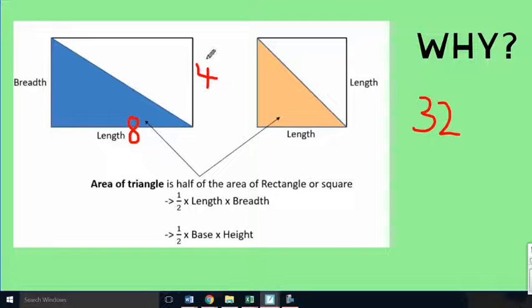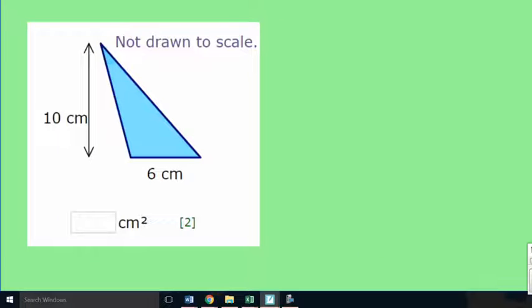So for the triangle you would do 8 times 4, which is 32, and then you half your answer, which would be 16. So that's just proving why we have to half our answer. We have to half our answer because it's half of what it would be if it was a rectangle. And the same thing works for a square. So it's just something to think about there, so we're actually understanding why we're doing it.